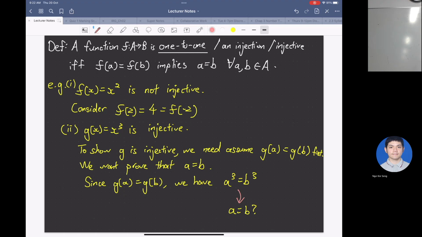Any idea how to show a cube equals b cube implies a equals b? Cube root? You mean cube root both sides? And can you do that? Why can you do that?